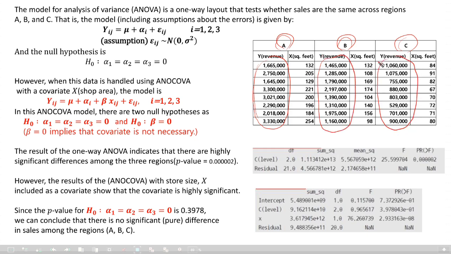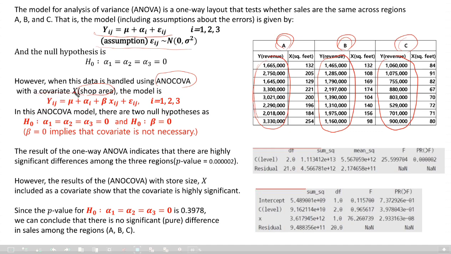If you do not know ANCOVA, you may analyze these three groups with Y only, like this one-way ANOVA model. The null hypothesis is alpha 1, alpha 2, alpha 3 equal to 0. However, when this data is handled using ANCOVA, the covariate X is the shop area, how big the shop is.